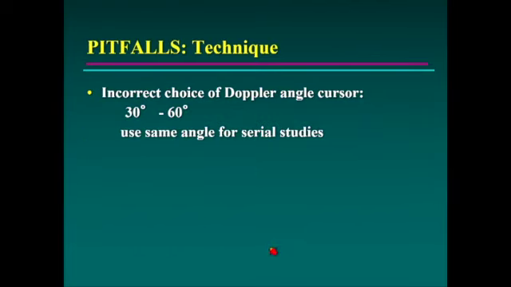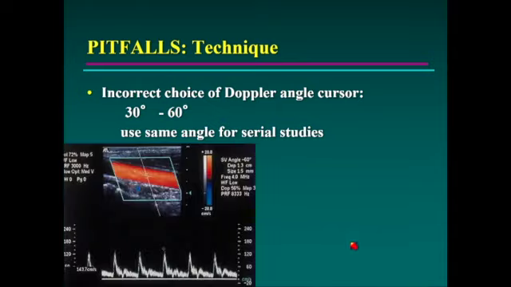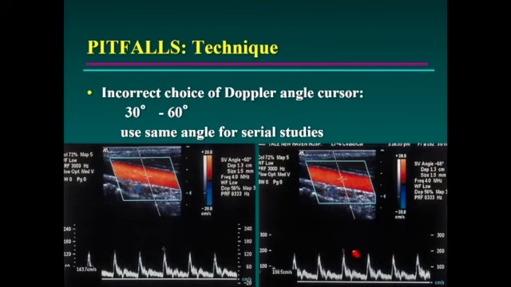Anybody who does Doppler knows of the importance of setting the Doppler angle correctly and how much that can change things. You may not be aware of just the magnitude of the change that even a relatively minor Doppler angle difference can be. So here's the Doppler angle appropriately set, and I'm getting a measurement at 144 centimeters per second.